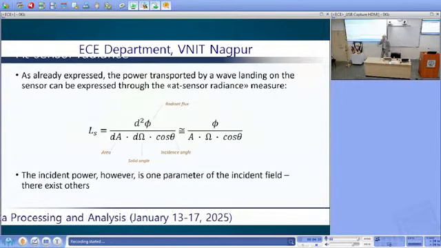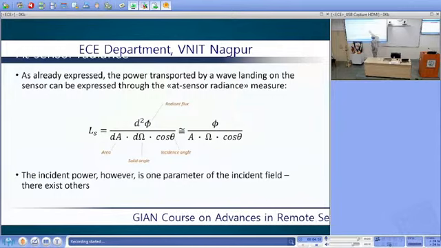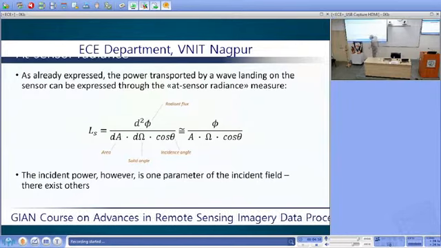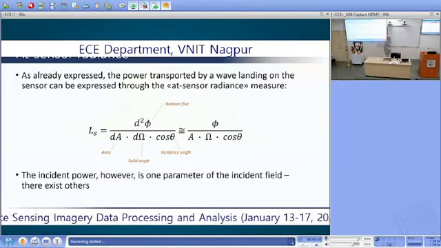So there's a formal definition of what you are measuring in physics, in physical terms. I won't go into the details of the formula. What we're measuring here is basically a power divided by an area, divided by a solid angle, and with an adjustment factor which relates to the angle under which such power is acquired.